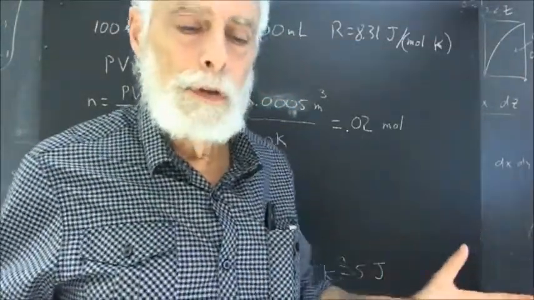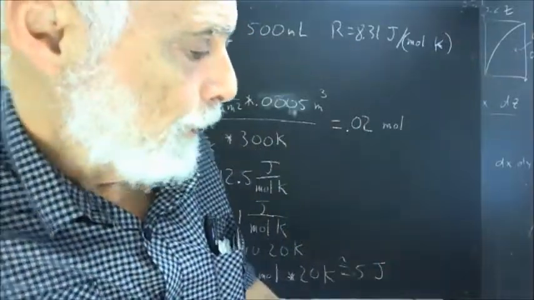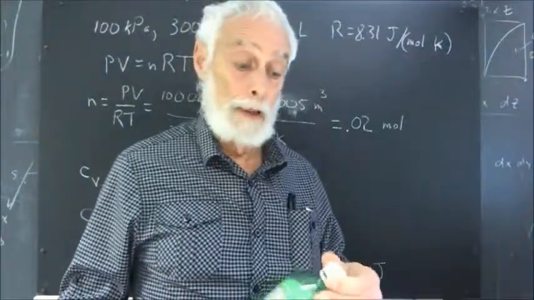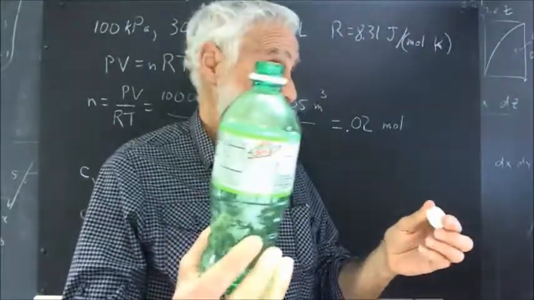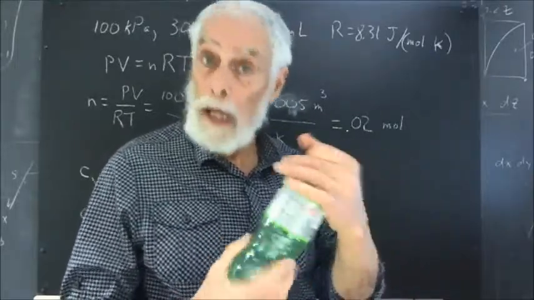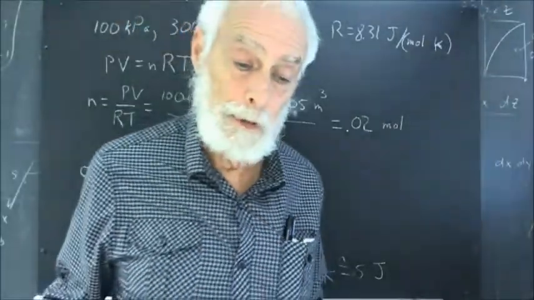We want to know how many moles of gas there are in that bottle if it's at atmospheric pressure, which at our altitude is very close to 100,000 pascals, 100,000 newtons per square meter. So if I take this bottle and seal it, it's going to be at the pressure of the atmosphere here, very close to 100,000 newtons per square meter.